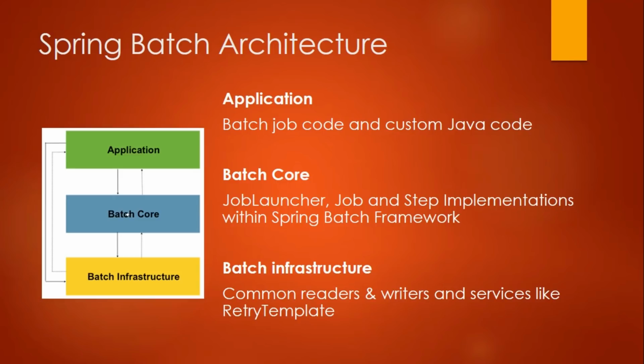And Spring also provides its own infrastructure, which is called batch infrastructure, which has common implementations of readers and writers, and also has services like read write template. There you can let Spring Batch know whether you want to restart the job on failure or you just want to leave it like that, right? All those implementations you can do with the help of batch infrastructure.